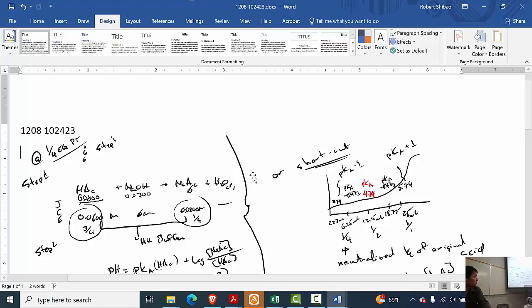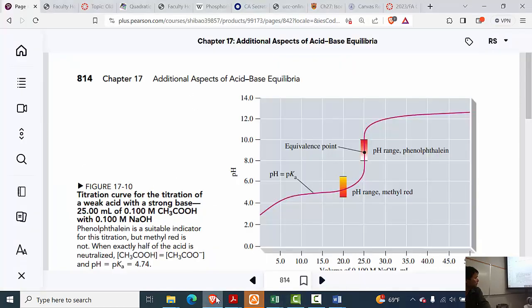Let's take a look at this graph up here. So they give us the pKa here, 4.74, right there.